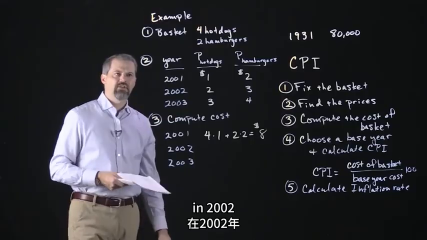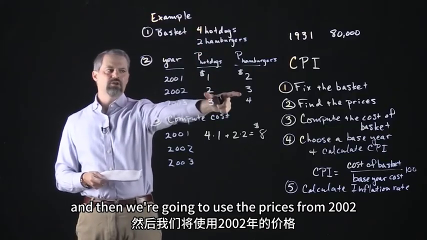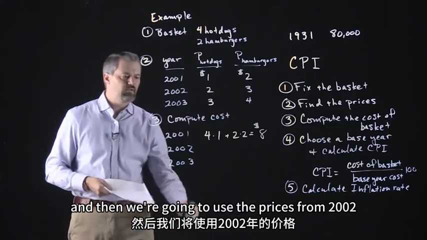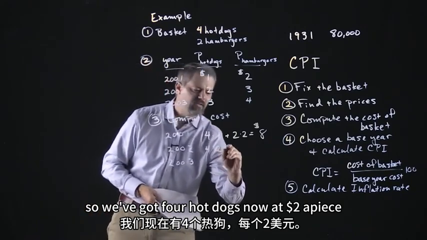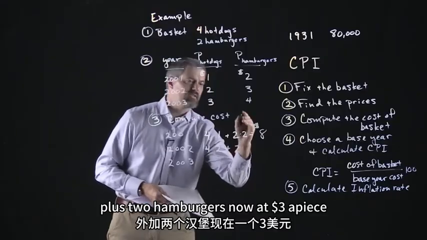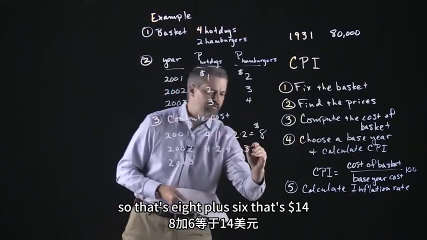In 2002, we're going to use the same quantities from our basket, and then we're going to use the prices from 2002. So we've got 4 hot dogs now at $2 a piece, plus 2 hamburgers now at $3 a piece. So that's 8 plus 6, that's $14.